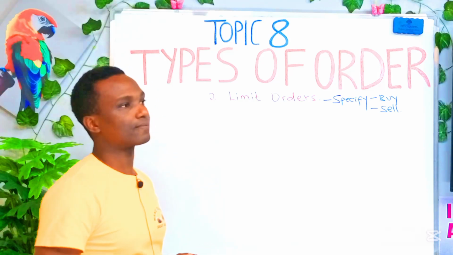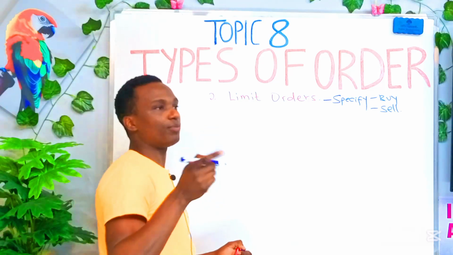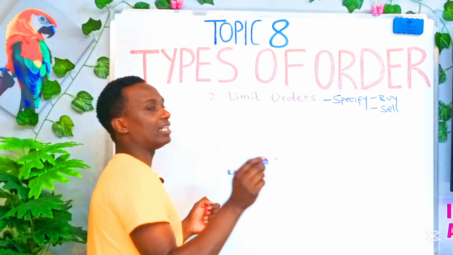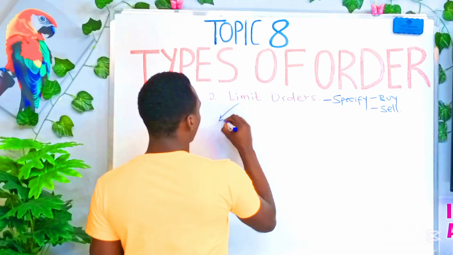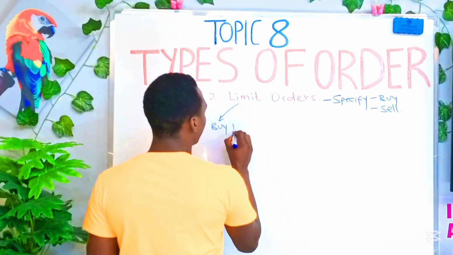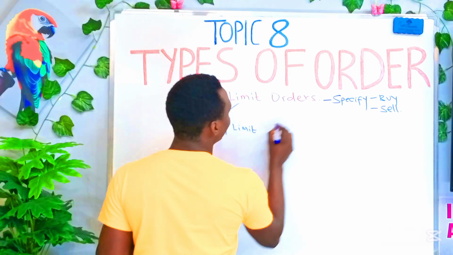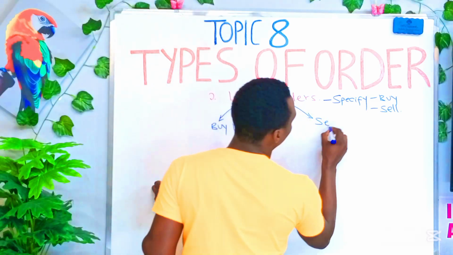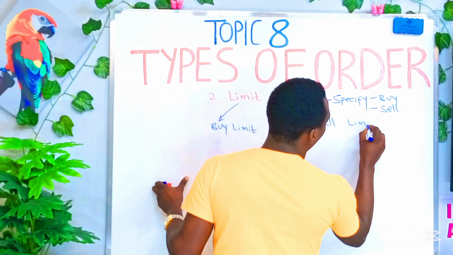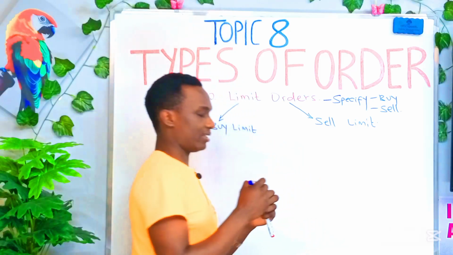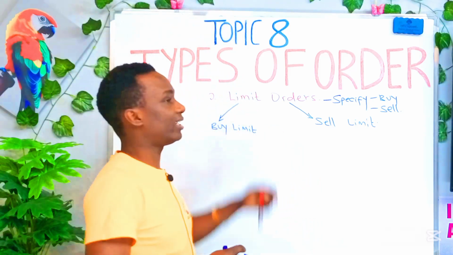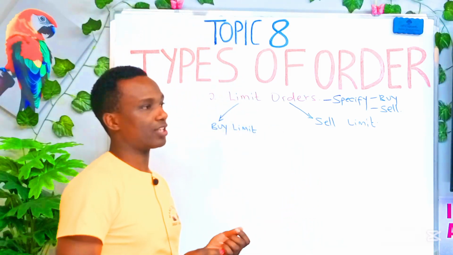Which are those two types? One, buy limits, and two, sell limits. We are going to discuss them and see how different they are from each other.